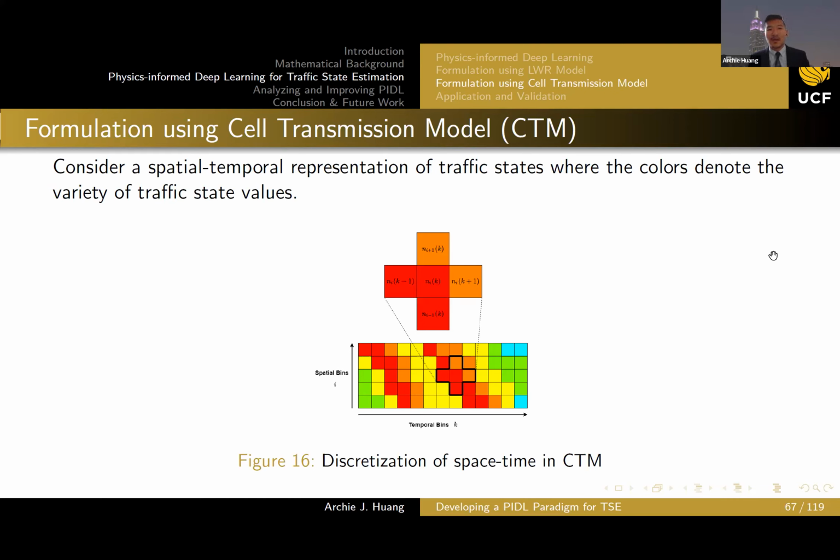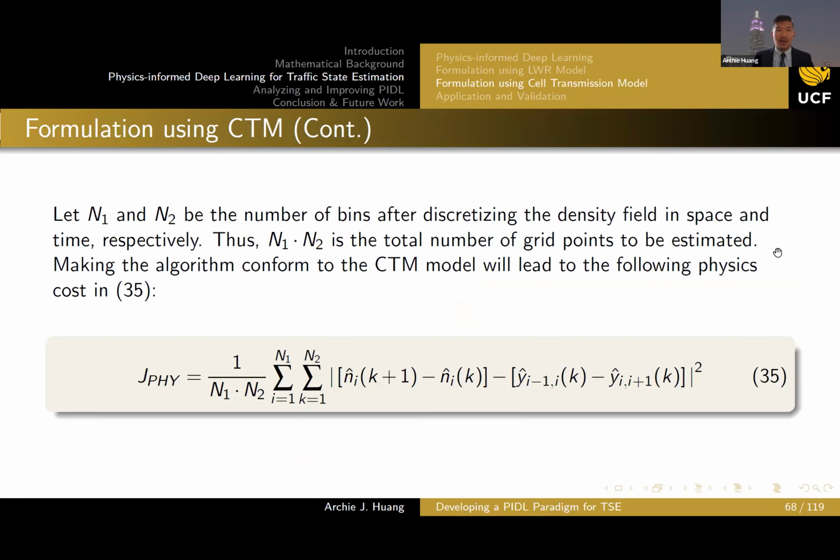This figure shows a discretization of the space-time domain in CTM. Here, let N1 and N2 be the number of bins after discretizing these density fields in space and time domain. And here, equation 35 gives the formulation of the physics cost term JPHY.